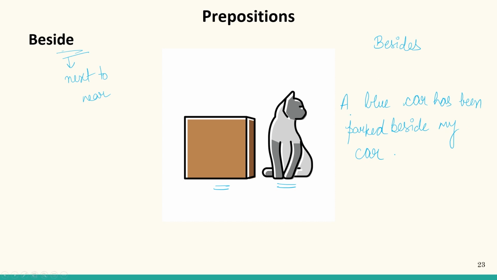So both the cars are beside each other, or the car is standing near my car, a blue car. So that is beside. The preposition used here shall be beside. Now we can say in this sentence that the cat is sitting beside the box.